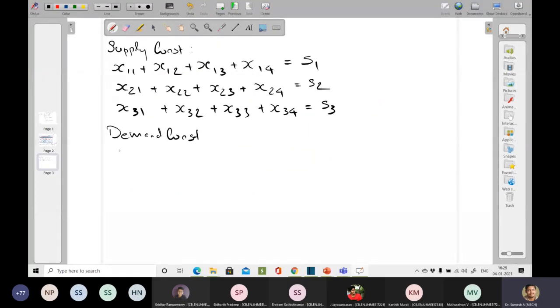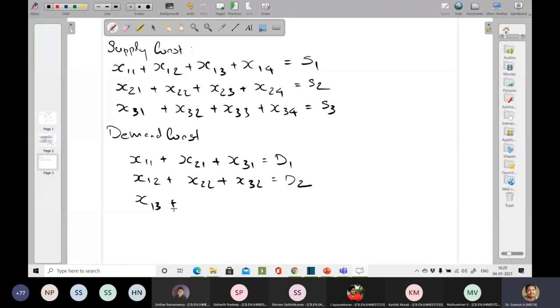Similarly, X12 plus X22 plus X32 equals D2. Similarly, X13 plus X23 plus X33 equals D3, and finally X14 plus X24 plus X34 equals D4.